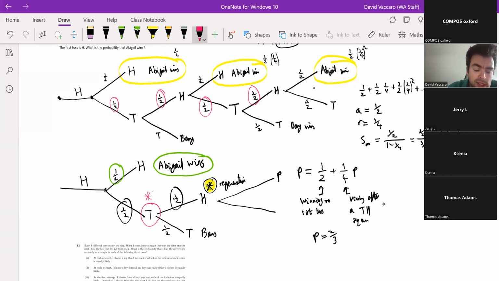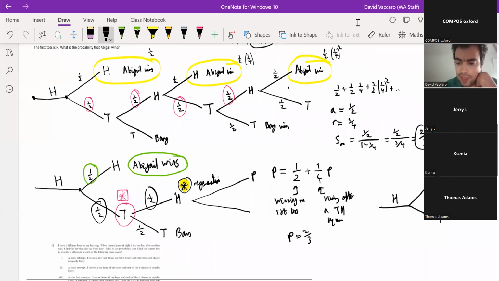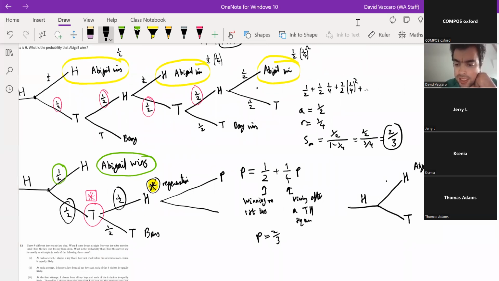Why could you also consider the game having regenerated after this first tail? So we've got initial toss, which is a head. If there's a second head, then Abigail wins. Now if the first toss is a tail, which player has the advantage after this tail?